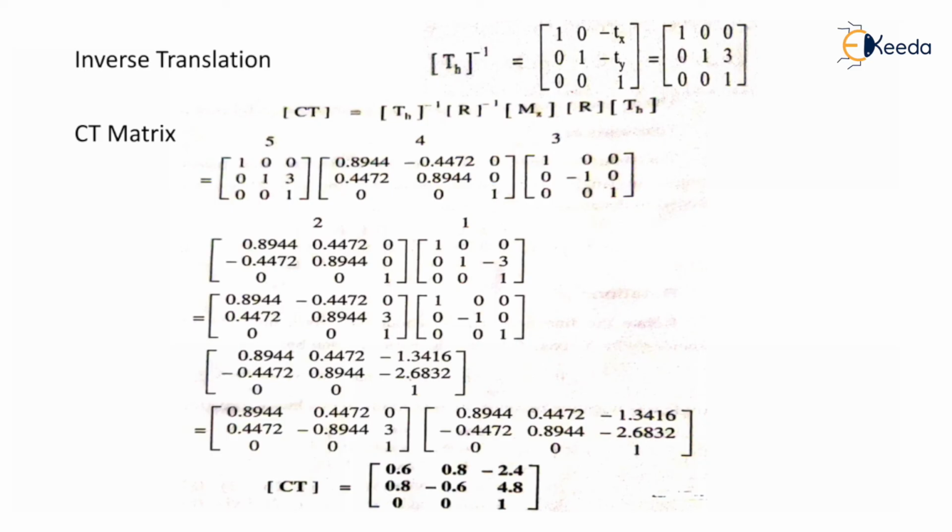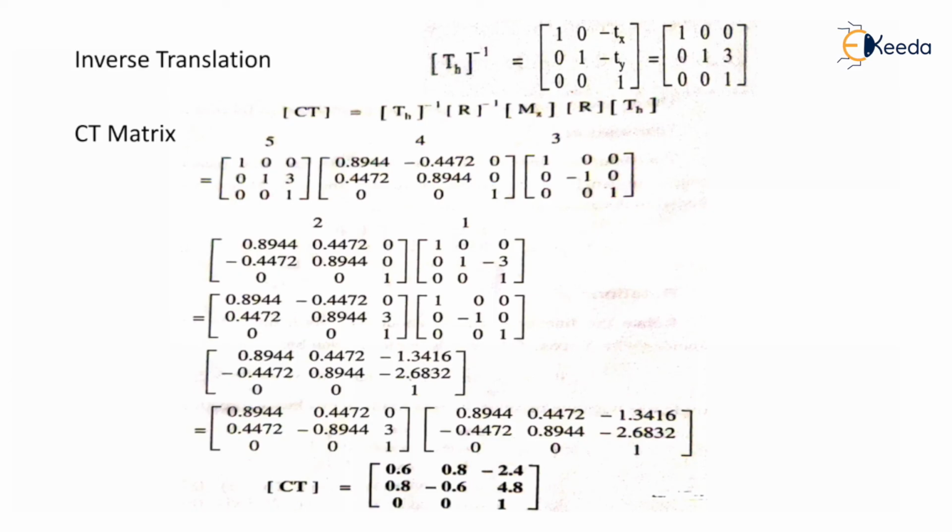If you observe properly what is going to happen here, the matrices are written similarly, and only what changes is that 5 and 4 are multiplied here, then the third is taken as it is, and 2 and 1 are multiplied.